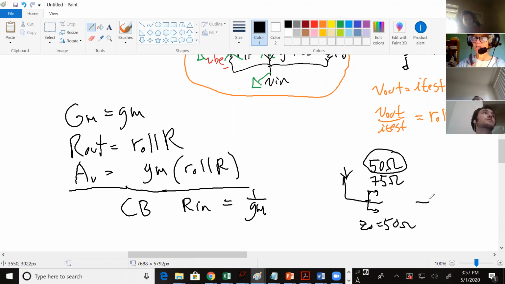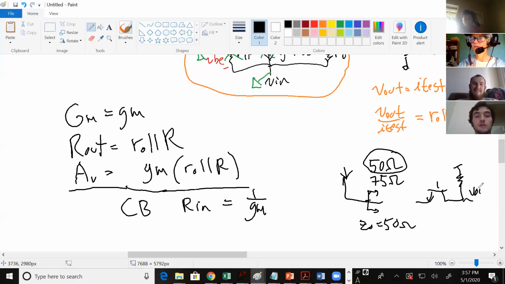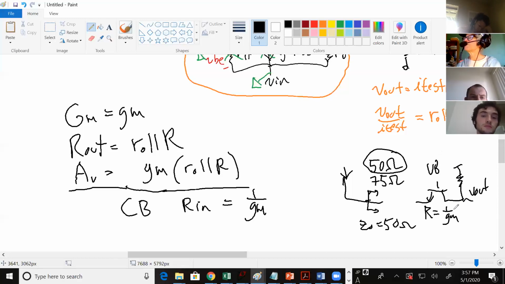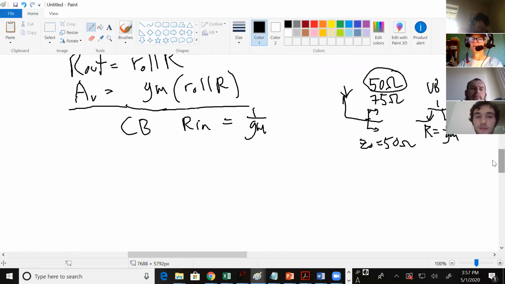And now I'm going to connect it to a common base, but I want to have maximum power transfer. I know my Rin equals 1 over gm. How do I get maximum power transfer? One over gm should equal 50. Exactly. And do you remember what gm is?